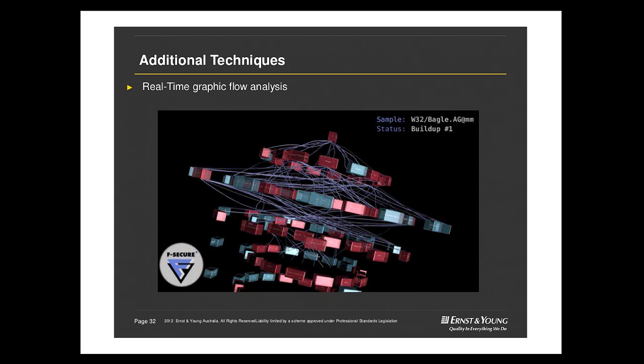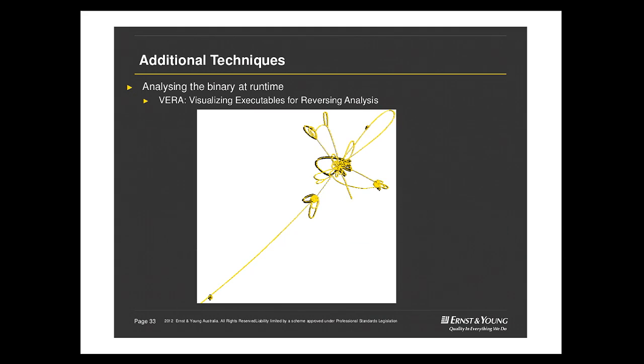Another analysis technique that is quite interesting is generating a runtime graphic of the application function flow. Credit goes to F-Secure, the antivirus guys, because they had the original idea for doing that a long time ago, 2009. So originally it wasn't more than a cool way to visualize an application running, but fortunately for everyone, the Los Alamos US security laboratory have evolved the original idea from F-Secure and created something called Beta.